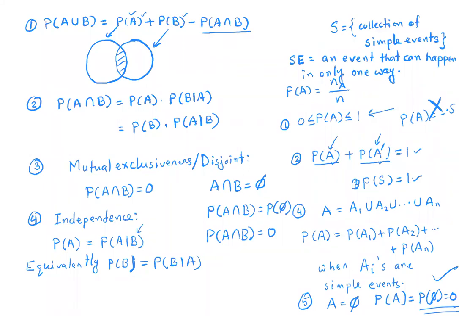Basically, I just summarized everything that we talked about for probability. It's in a nutshell all the things that we talked about so far, and I have given you sufficient examples to explain these concepts. So please do make sure that you are okay with these concepts because we are going to need them.